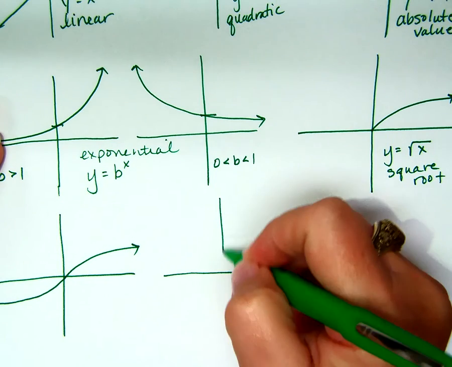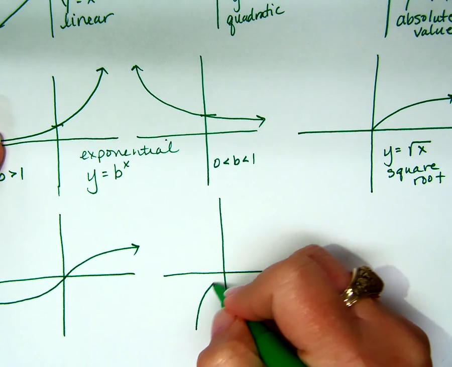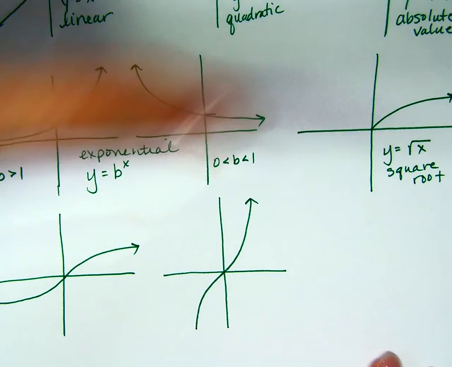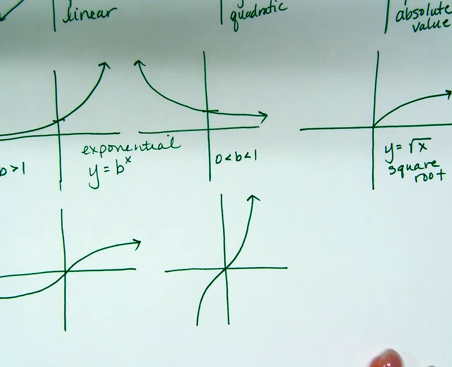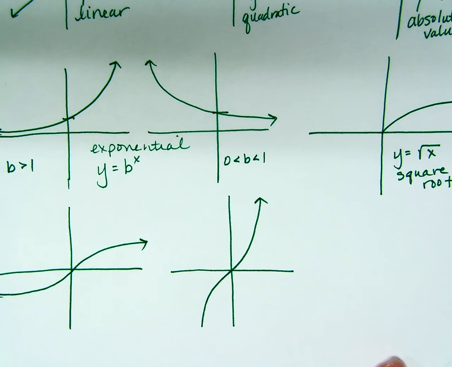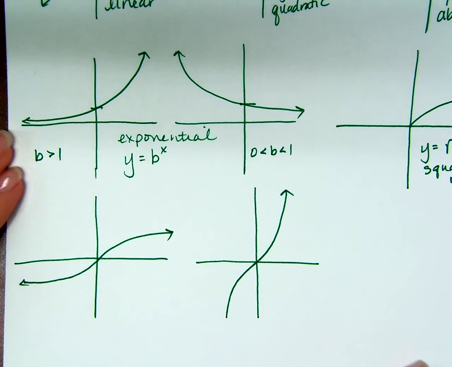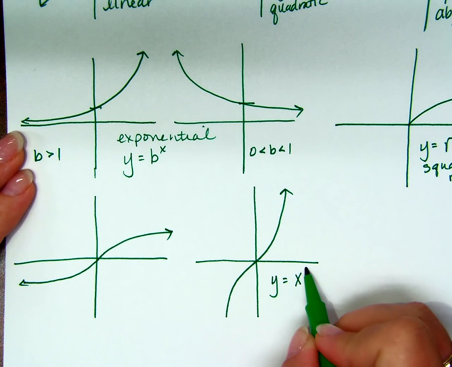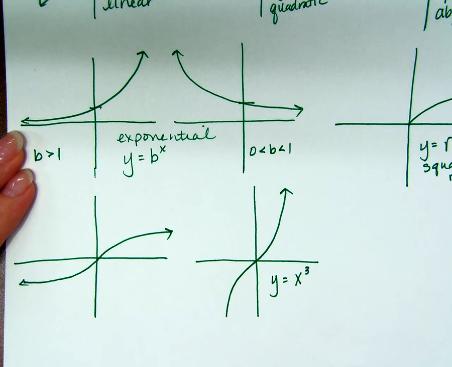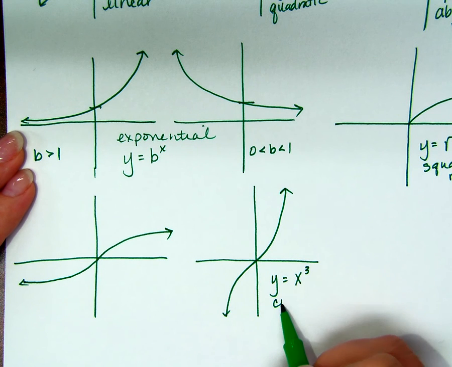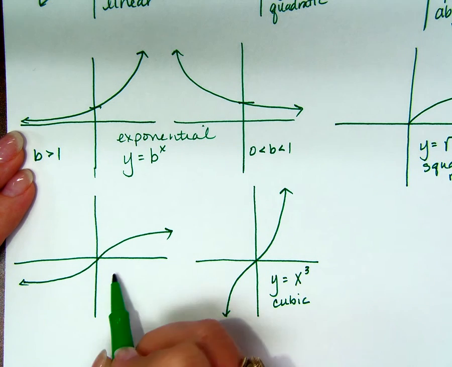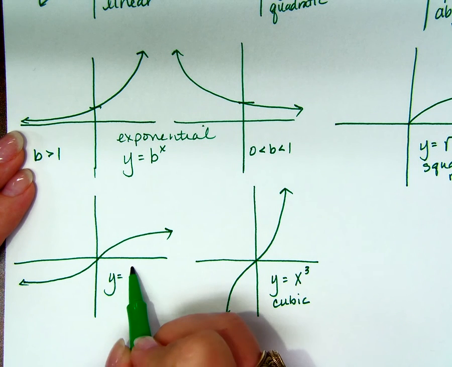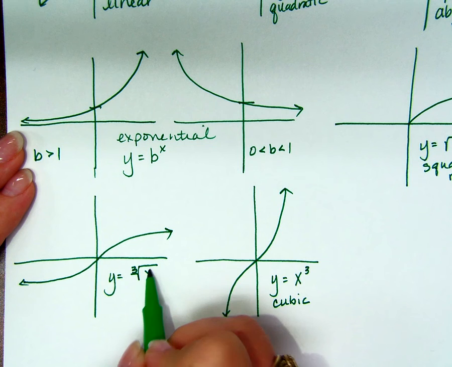I'm going to go ahead and draw both of them because they're pretty closely related. Remember which one is which? That was your guess from a minute ago, right? X cubed. So that is a cubic. So this one would be y equals the cube root of x.